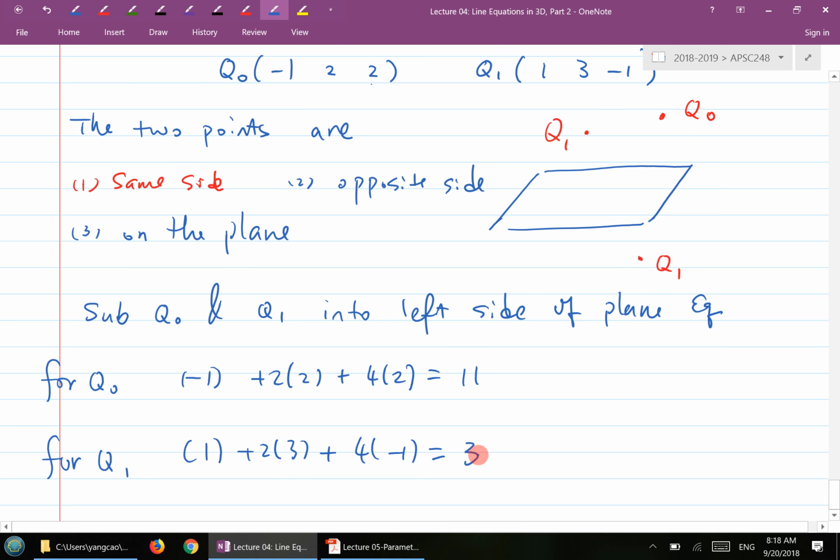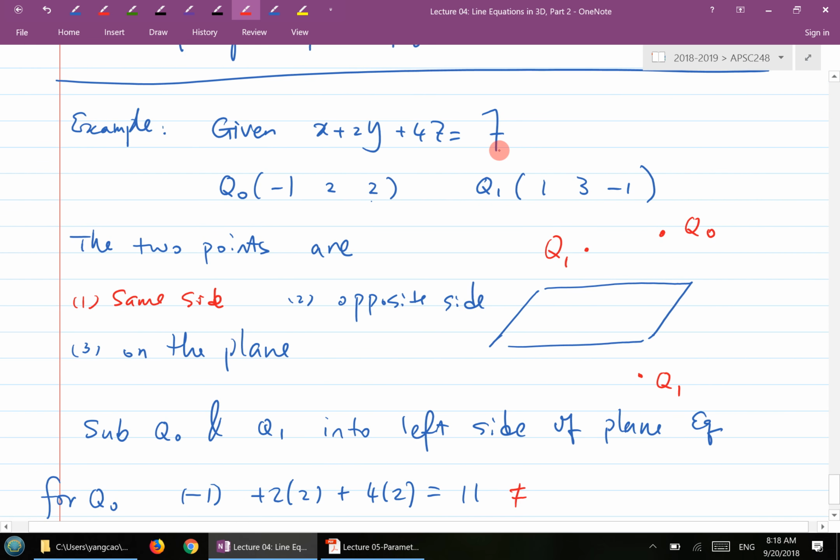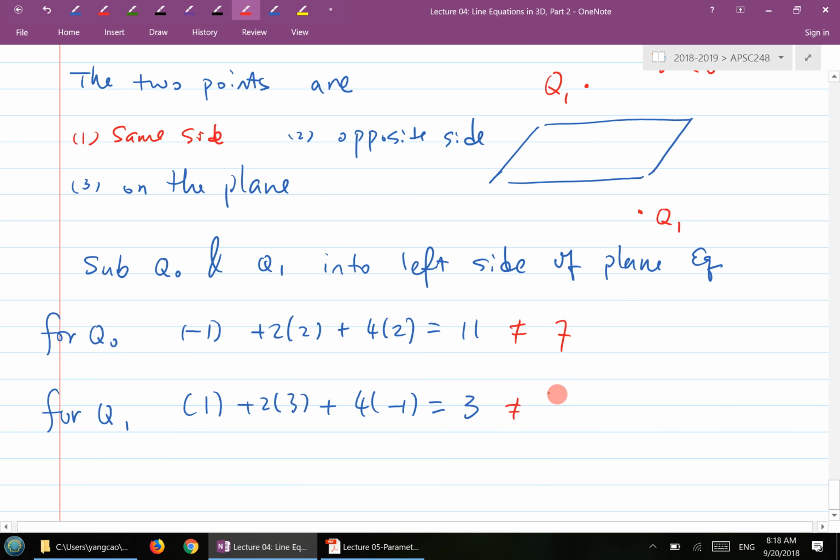So what does that mean, right? Now, first of all, as you can see, neither of them is the same as the original right side, 7. So that gives you a conclusion, meaning neither of the 2 points is on the plane here, right?